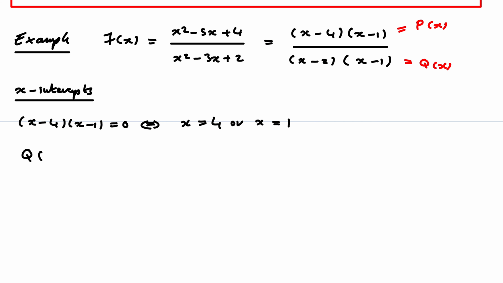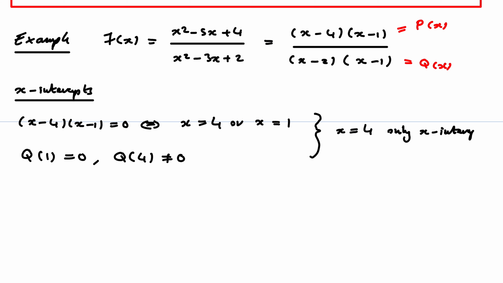Well, if I feed 1 into q, that gives me 0. That's going to be no good because I'd have 0 over 0. But if I feed 4 in, that's not equal to 0. So these things all put together tell me that the x-intercept only happens at 4, because I can't have 0 divided by 0. It's the only one. Easy mistake to make if you're not careful.